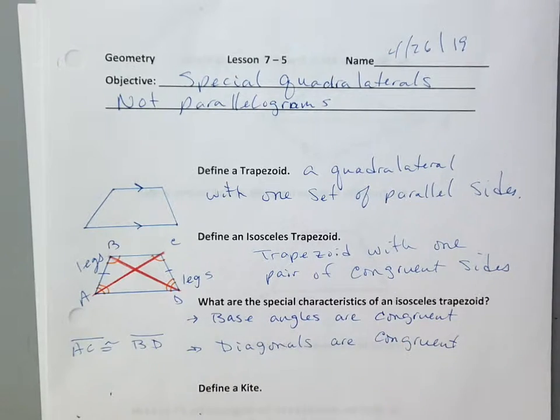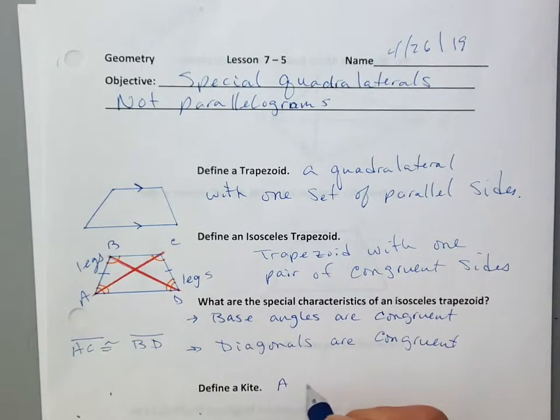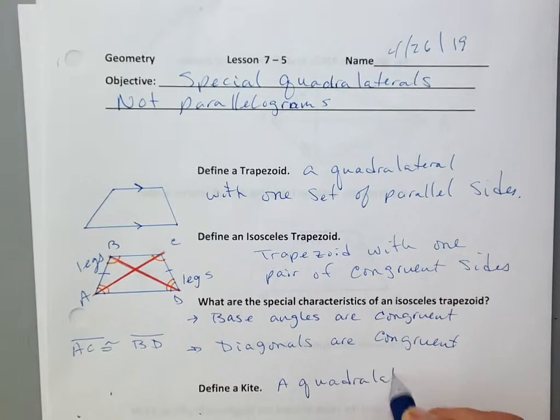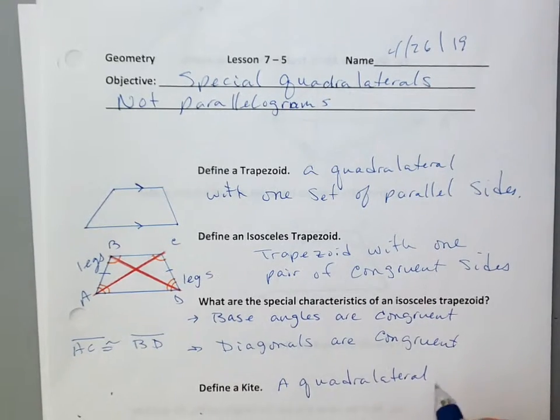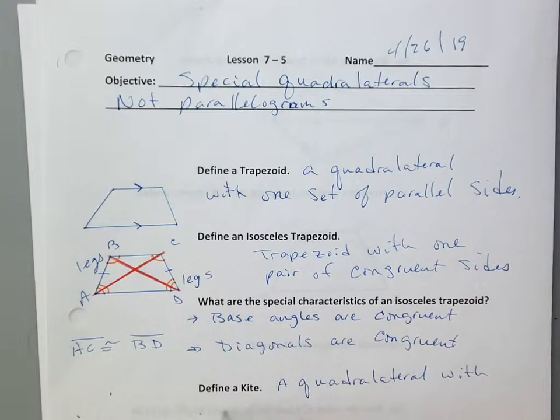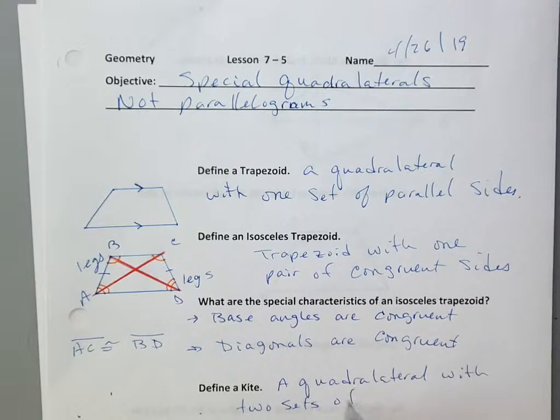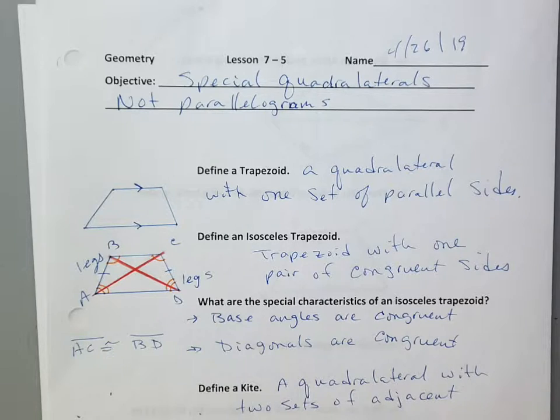So here's what makes a kite. It is a quadrilateral with two sets of adjacent congruent sides.